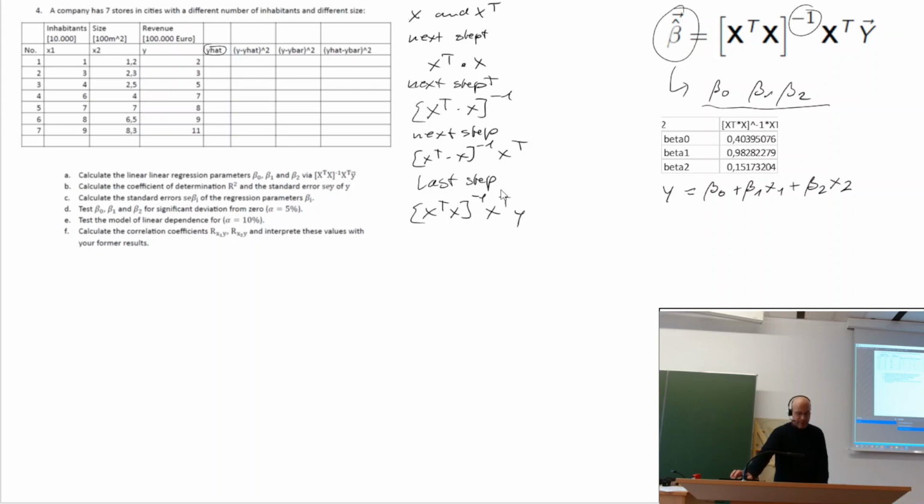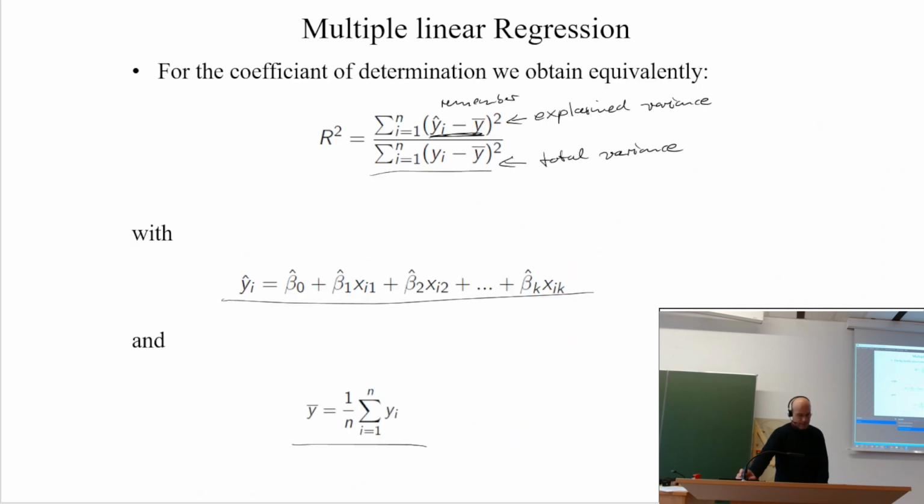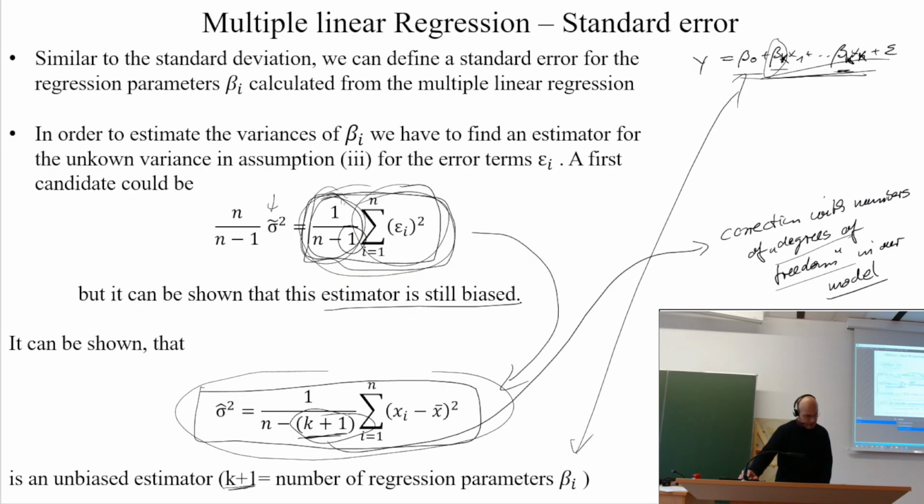And for this coefficient of determination, we know in general that it is just the explained variance over the total variance. And this I will again show you in the two-dimensional case.